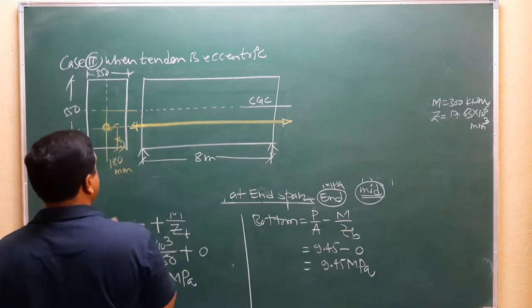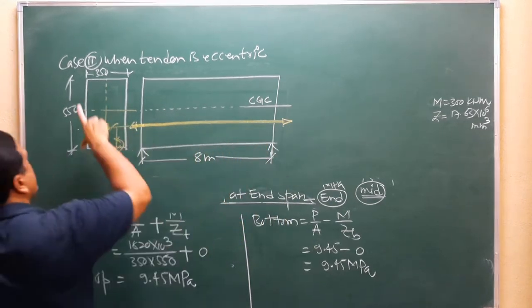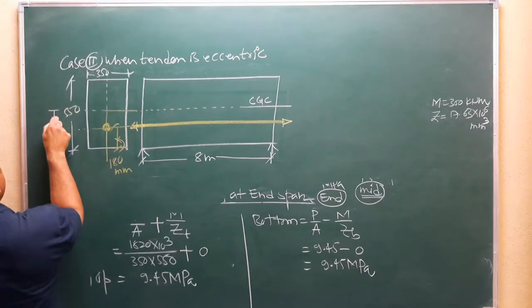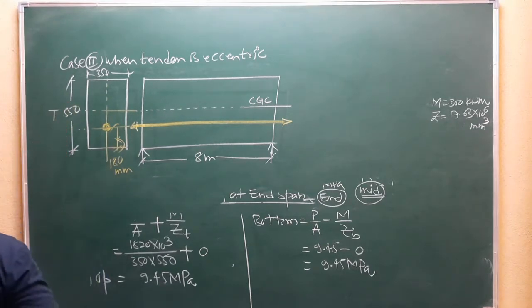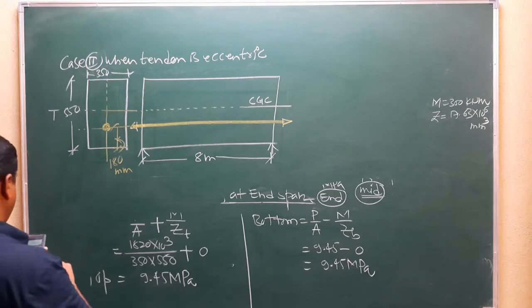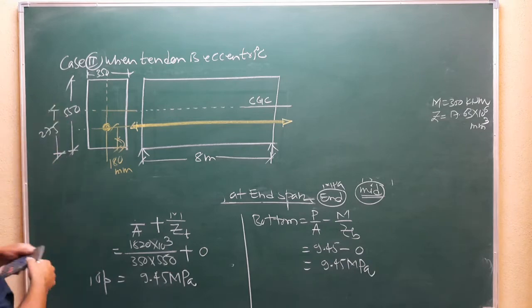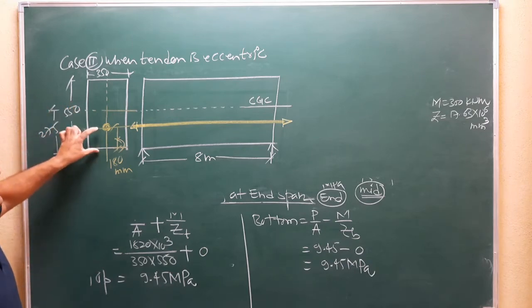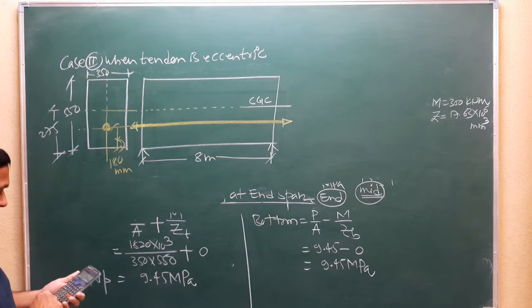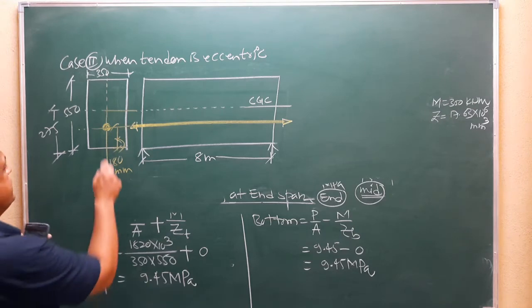So what is the eccentricity? We know that 550 by 2, this distance is 275. From this 275, you have to deduct the 180. 275 minus 180, the answer is 95.